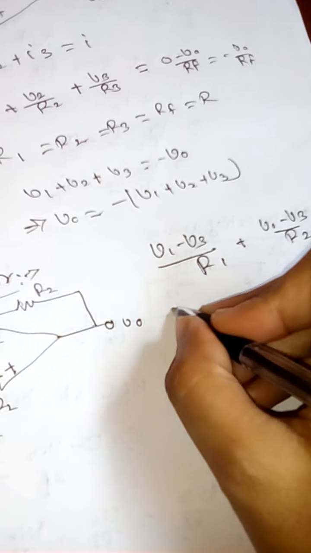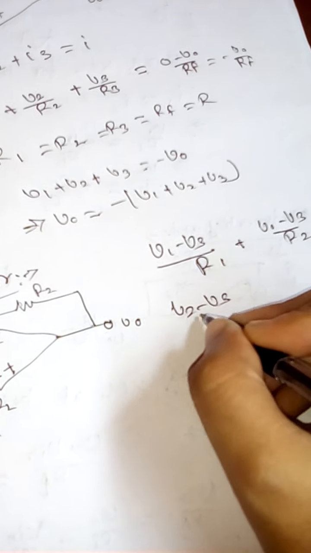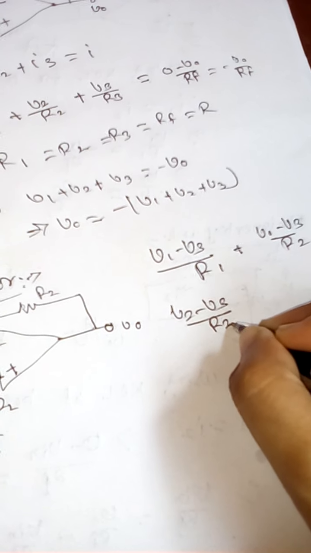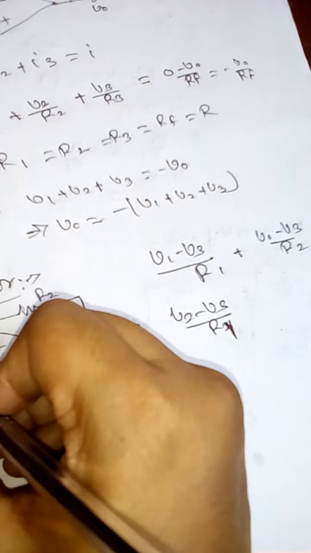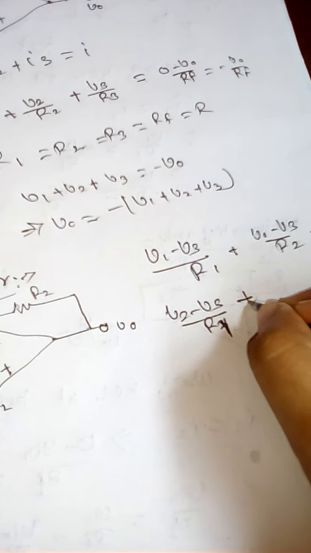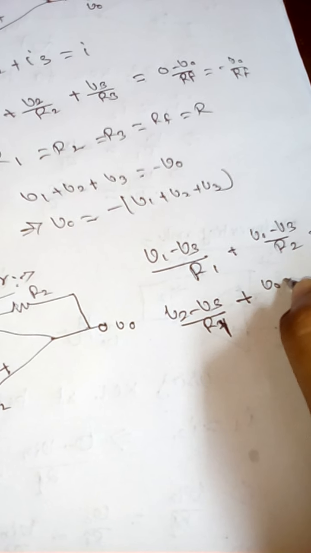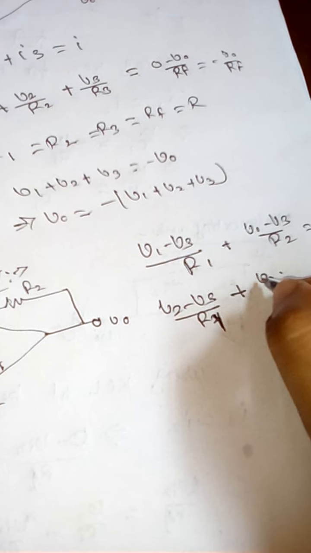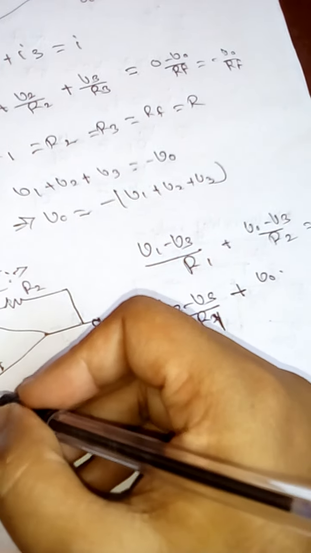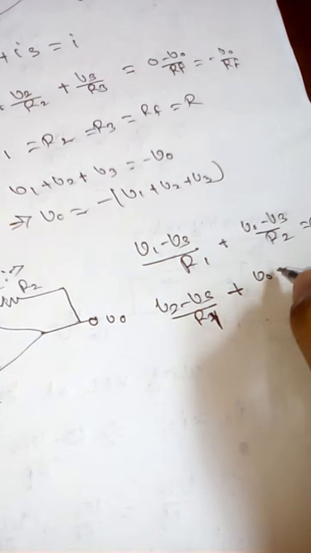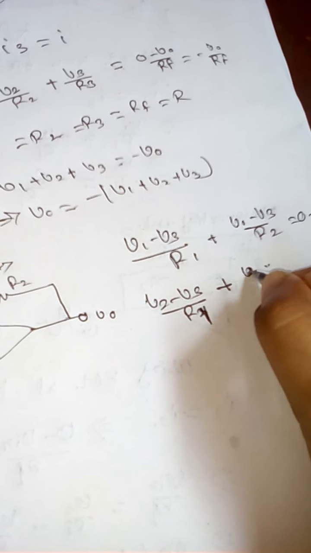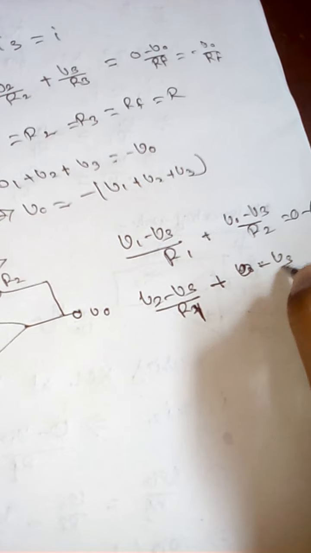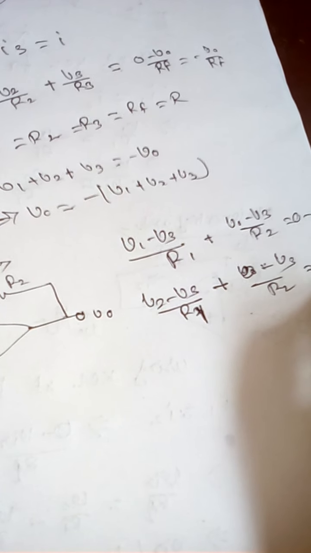For the second loop, we take (V2 minus V3) by R1, this is the R1 resistance, plus (V0 minus V3) by R2 equals 0, equation 2.